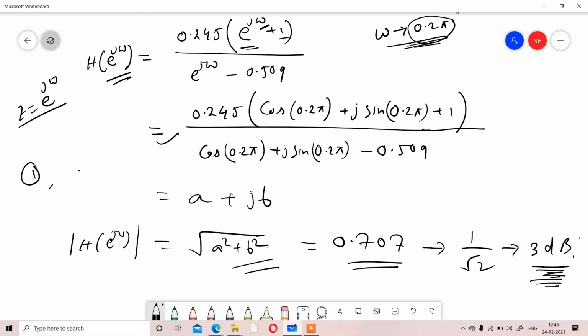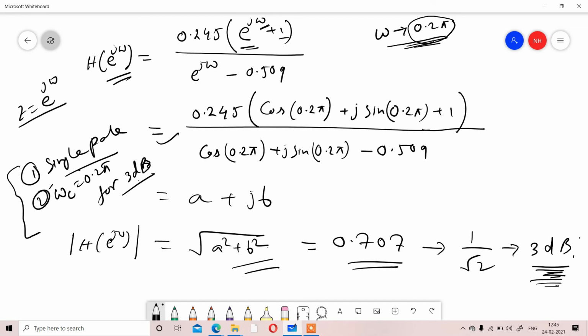So the first condition is a single pole, and the second condition is that omega c is 0.2 pi for 3 dB. That condition is also satisfied. Okay, if you have any question from that part, you can ask me now. If you don't have, then I will finish the class.